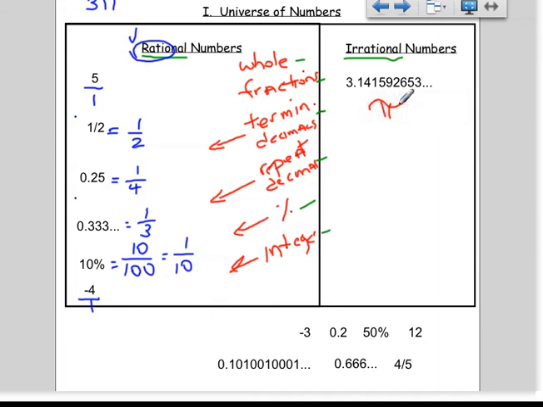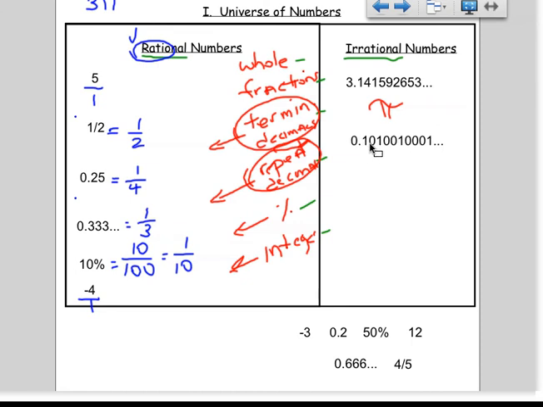This is an irrational number because you cannot write it as a fraction of 2 integers. It is only going to be a decimal that continues forever, so it doesn't terminate, and there's no pattern to it, so it doesn't repeat. And so you have a non-terminating, non-repeating decimal that is an irrational number.